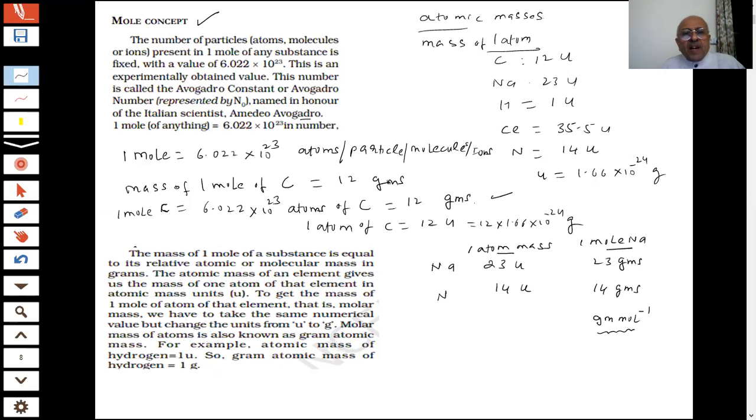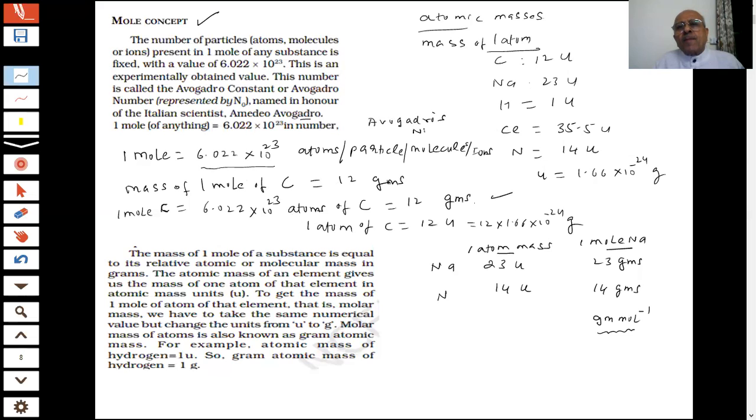Molar mass of an atom is also known as gram atomic mass. So whenever I write U, it means the mass of one atom or one molecule. But when I write grams, it means the mass of 1 mole. And how many particles will there be in 1 mole, students? 6.02 × 10 power 23. This is also called Avogadro's number.